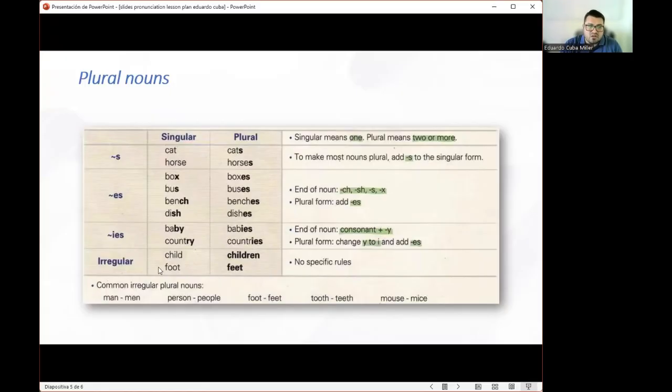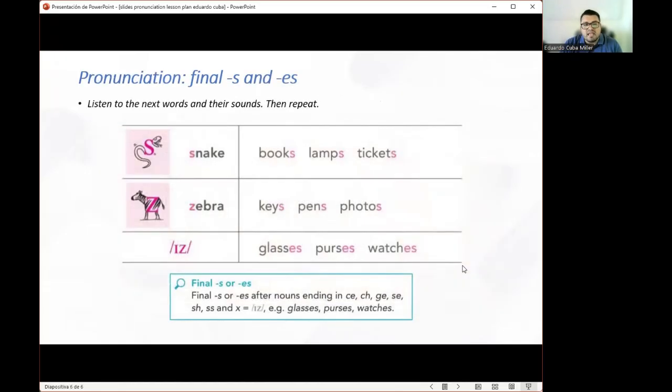Correct. In singular, we say foot, but in plural, we say feet. That's right, guys. On this next exercise, I'm going to play an audio for you so you can listen to the sounds that we have read over here. Yes? Let's listen carefully, guys.